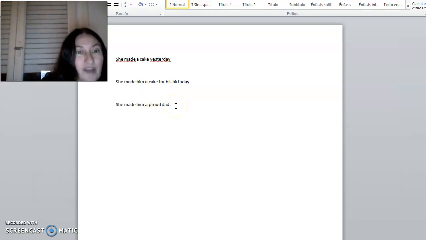This is an example of a complex transitive pattern, where you have the verb, a direct object, and the objective complement. He is a proud dad. This is not "he is a cake," for sure.